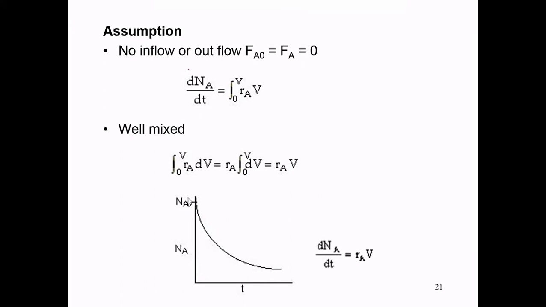So the simplified form of the general batch reactor equation is dNA over dt is equal to the integral of reaction rate times volume.